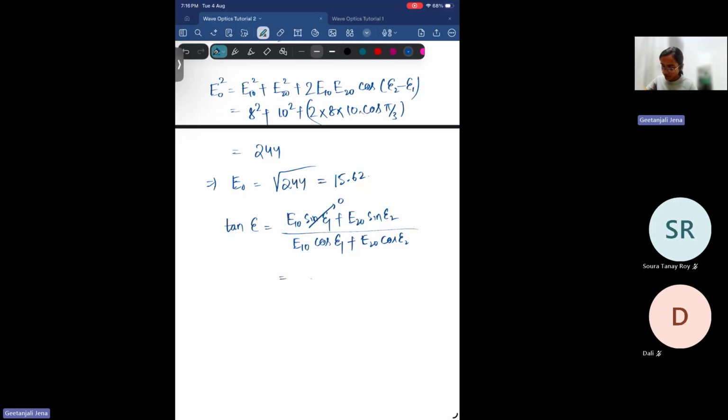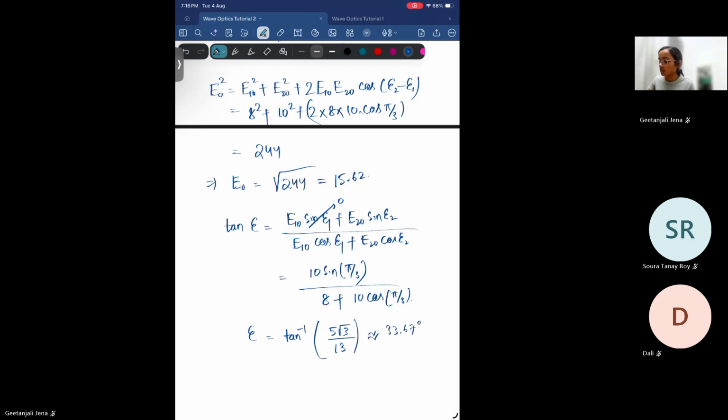So we have 10 sine pi by 3 over 8 plus 10 cos pi by 3. This will give tan inverse of 5 root 3 by 30, which is 33.67. Okay. So this is just to verify whether the phase is the same.